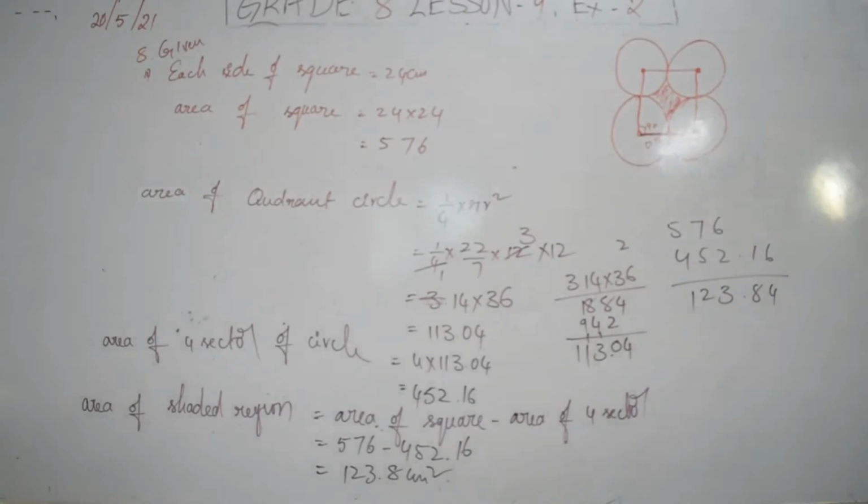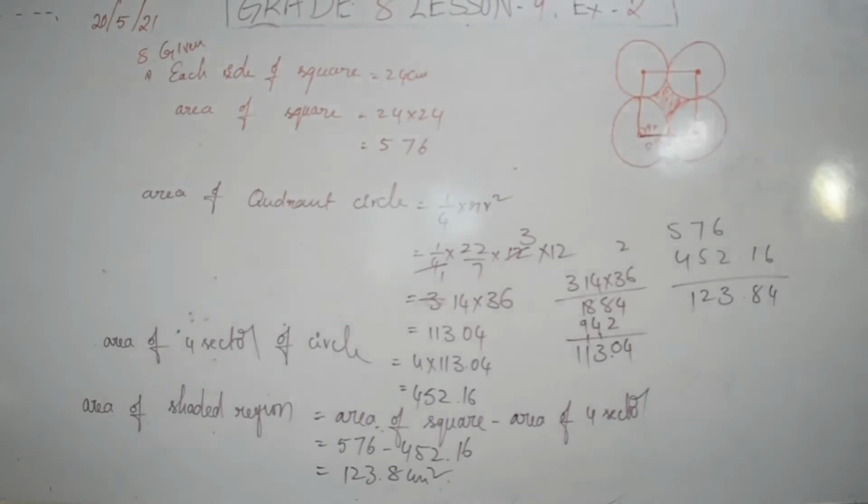Next one. From a piece of cardboard in the shape of trapezium ABCD, AB is parallel to CD and angle BCD is 90 degrees, angle C is 90 degrees.